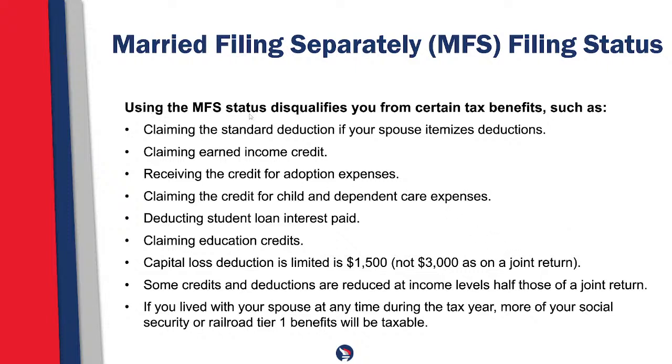Using the married filing separately status disqualifies you from certain tax benefits, such as claiming the standard deduction if your spouse itemizes deductions. Well, we already know that the standard deduction is going to be low. It's going to be at the single rate, at 13.8 or whatever it is for that year.